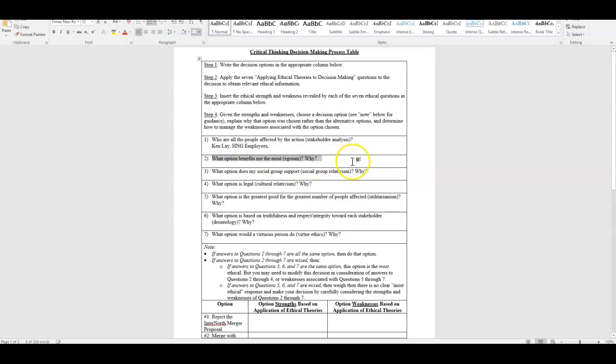What option benefits me the most? I'm Ken Lay, CEO of Houston Natural Gas. Well, let me think about this. If I accept the merger, I might lose my job. So that's kind of a drag. However, I also own a bunch of Houston Natural Gas stock, and my stock is valued at 46, and I'm getting paid $70 for that.